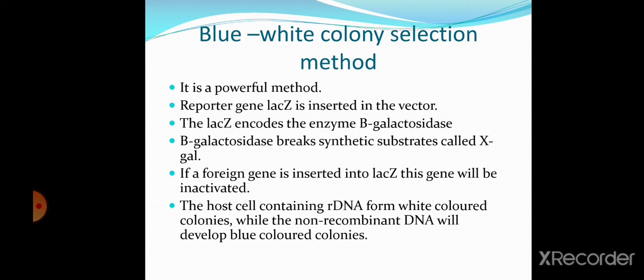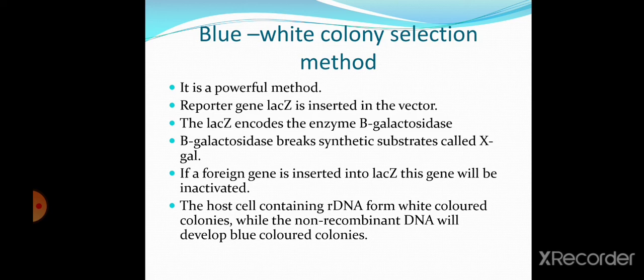Now, if a foreign gene is inserted into the LacZ, this gene will be inactivated. Therefore, no blue color will develop due to the inactivation of LacZ. How is this LacZ inactivated? By introducing the foreign gene into it.